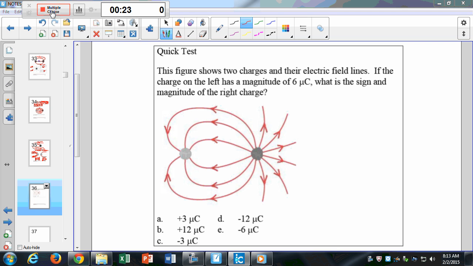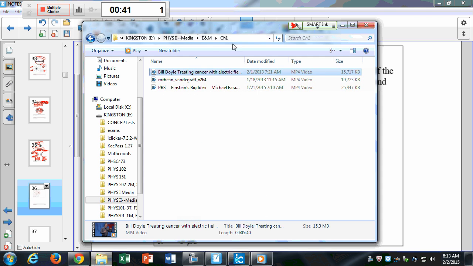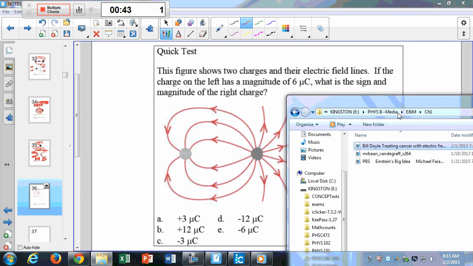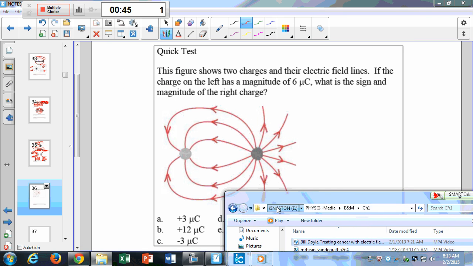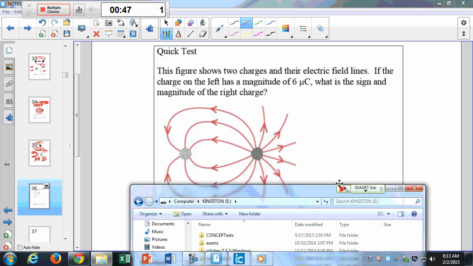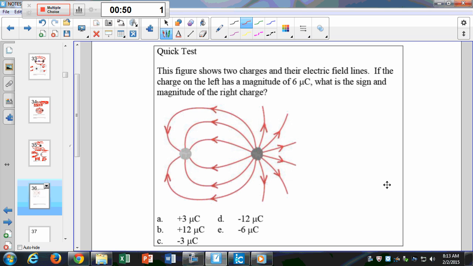But what is the sign and magnitude of this charge right here? You can ask your neighbor if you like.